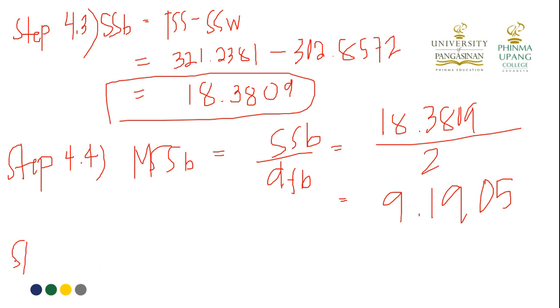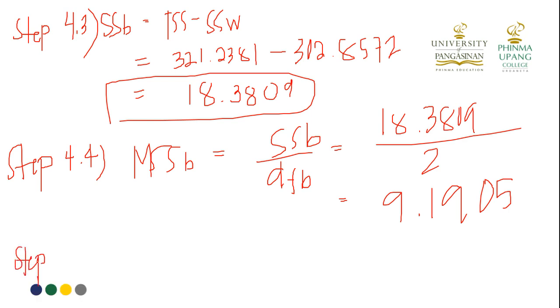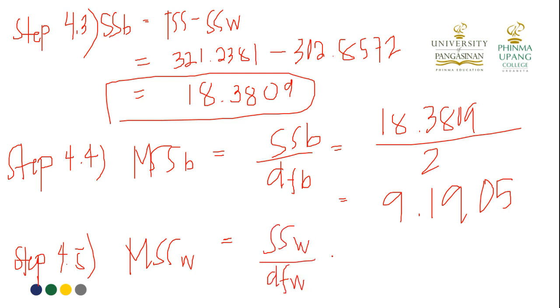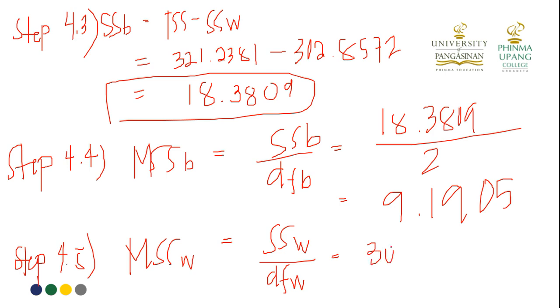Next is 4.5, MSSW, the mean of the sum of squares within, SSW over DFW. SSW, ilan yon? 302.8572 all over.